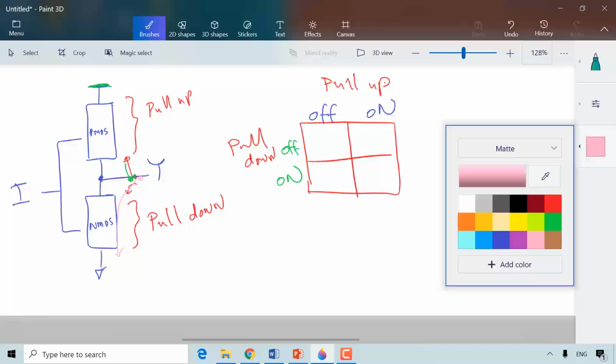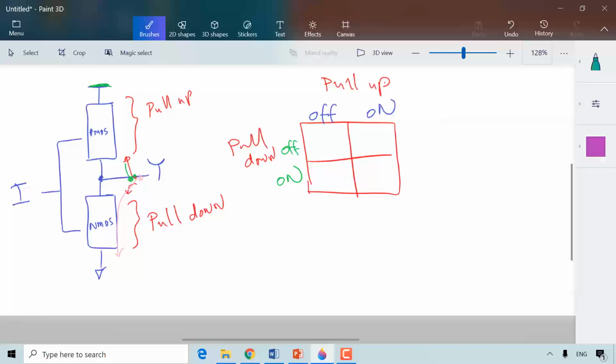Now, you see that I have four quadrants in my table here. In most CMOS circuits, we would like to have either the pull-up or the pull-down on: one of them is on and the other is off.